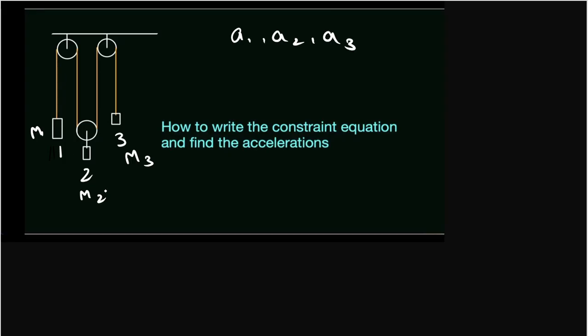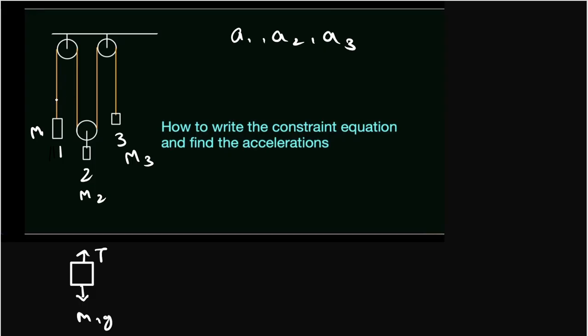So when we make the free body diagram of all these three blocks, block 1, block 2, block 3, we will get three equations. For block 1, if we make the FBD, downward is M1G and upward is tension.